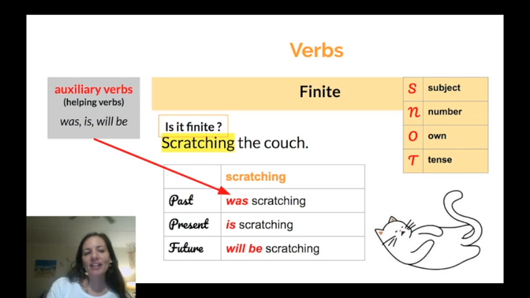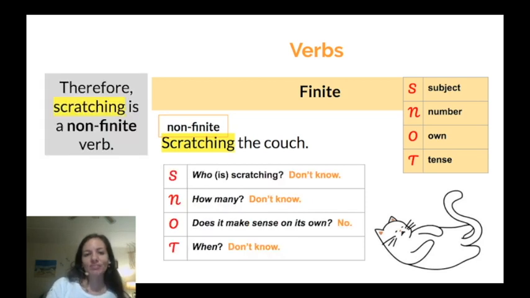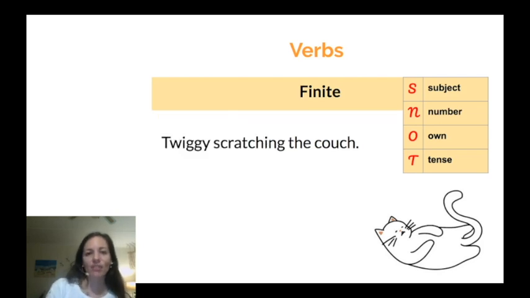So in fact, I need a helper for scratching. And we're going to look towards the end of the video at verbs like scratching and what they're called. So in fact, scratching is non-finite, and so I don't have a finite verb.